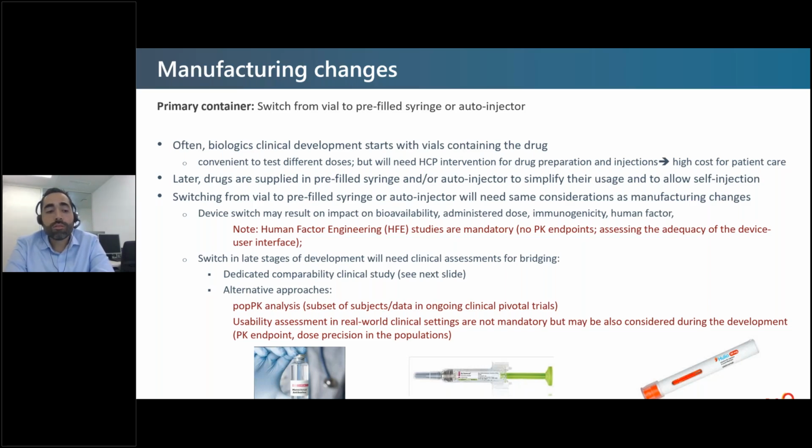You could also consider collecting data from what we call usability assessment in the real world. Generally, you can have, for example, phase 4 studies where you are using these devices. So you could consider collecting additional information such as the PK and also the dose precision in these populations.